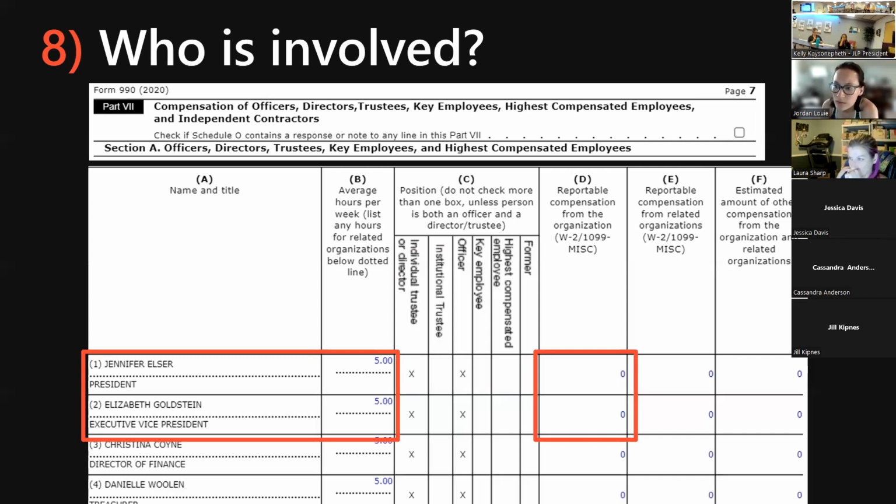Others that are listed are somewhere around 100,000. I think the next highest one is the VP of Strategy and External Affairs, which is 196. He's the only one over 200,000, and it makes sense because he's president and CEO, and he's a veterinarian. The others are all VPs in the low 100,000s.